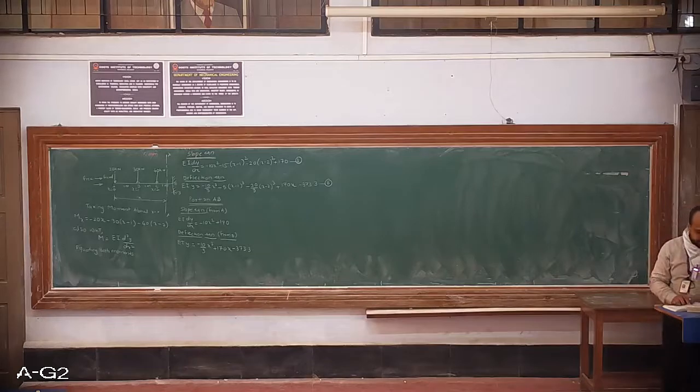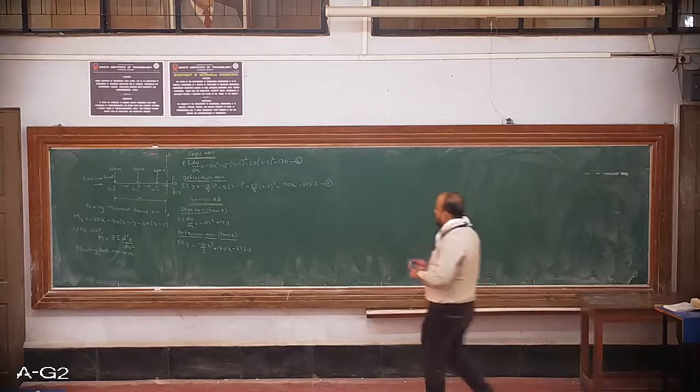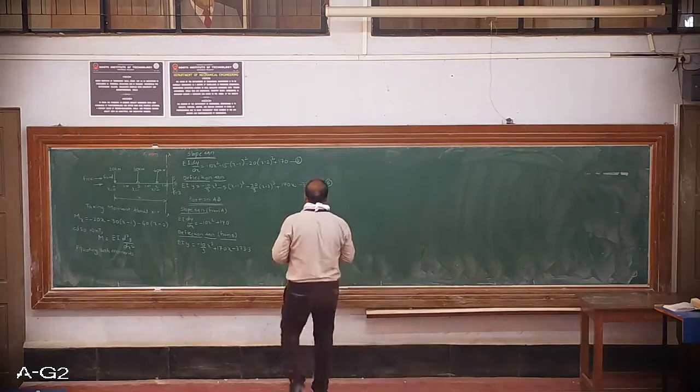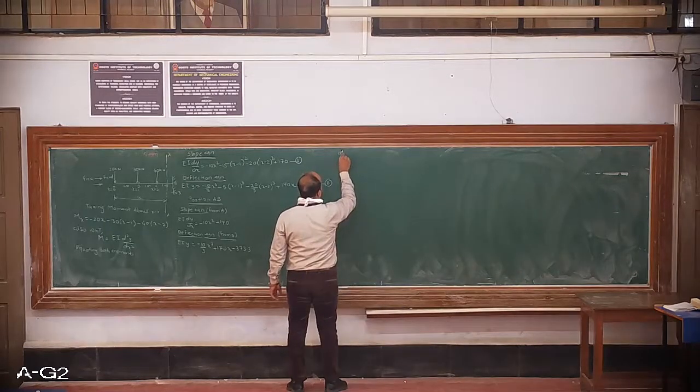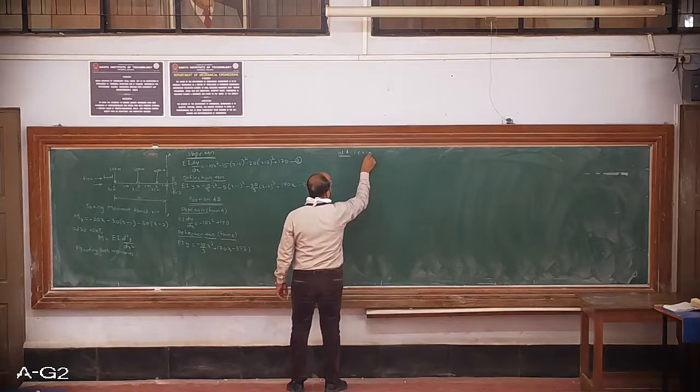So the slope equation is minus 10 into x square plus 170, and the deflection equation is minus 10 by 3 x cube plus 170 into x minus 373. Okay, so two locations, where x is a variable between A and B. First at A, that is x is equal to 0.